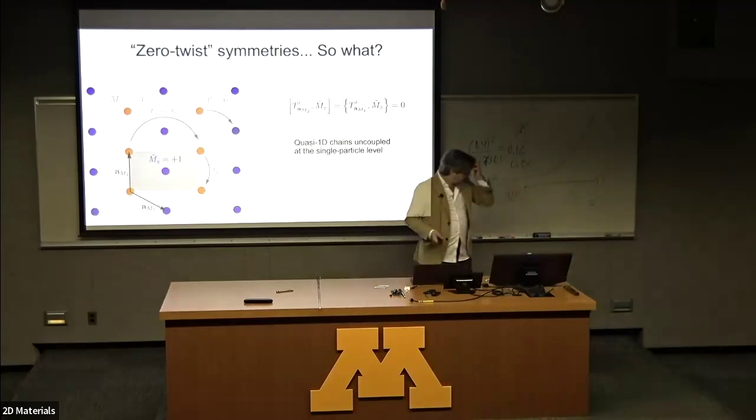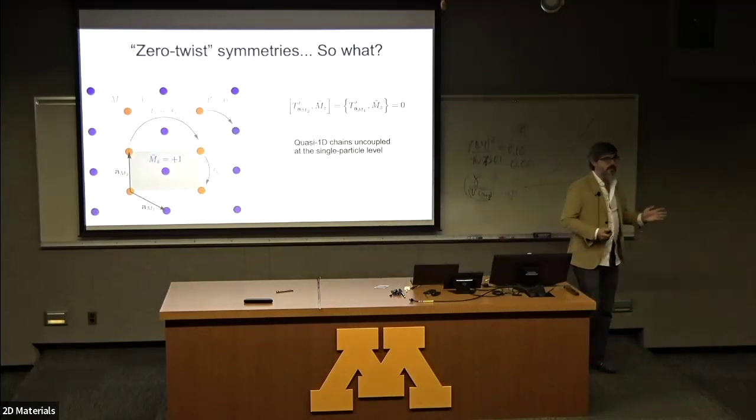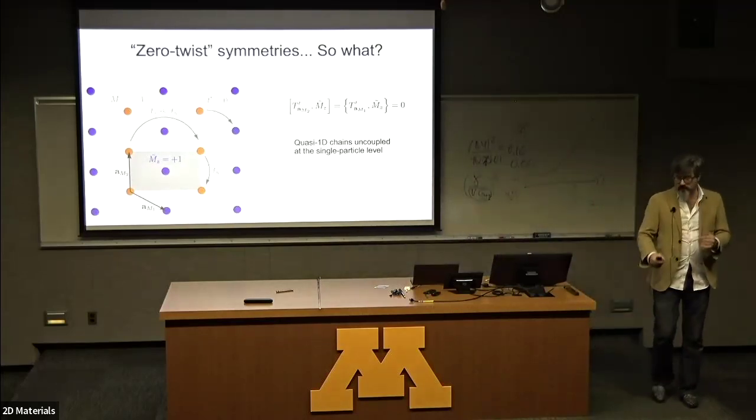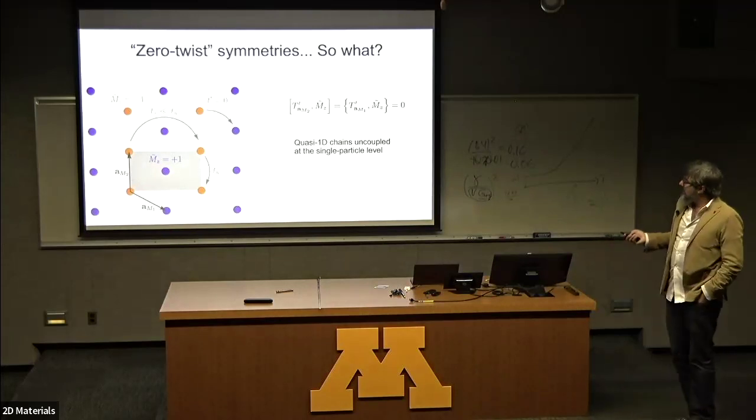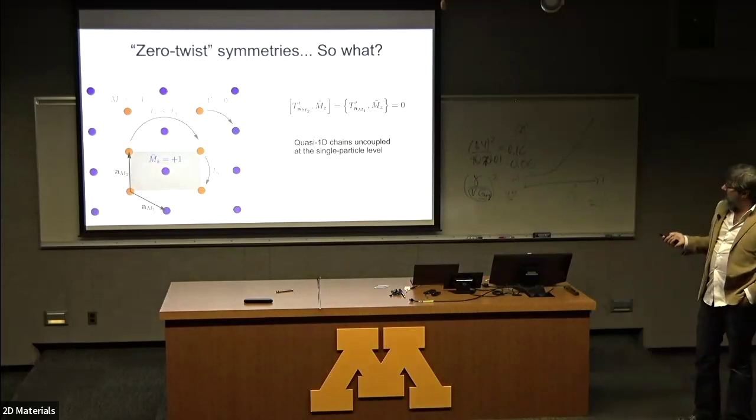What does it give you? Well, it gives you one-dimensionality. This mirror symmetry in momentum space gives you one-dimensionality. Why? Well, if I look at this mirror symmetry and find its commutations with the translation operators, the translation operator in the y direction commutes with it, okay?